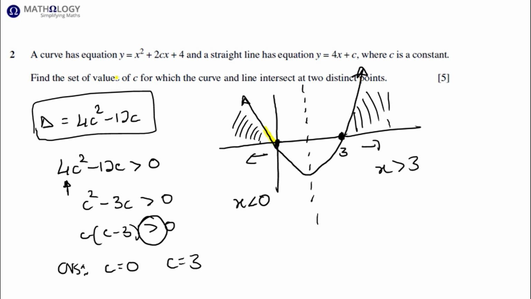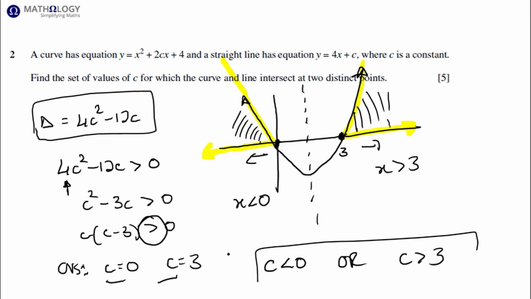So the function is positive for x values less than 0, and for x values greater than 3. So that is the solution. X is less than 0, or rather it's not x, right? It's c. Now the variable is c here. C is less than 0 or c is greater than 3. And that is the solution.